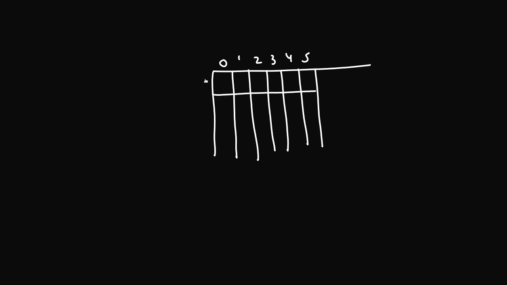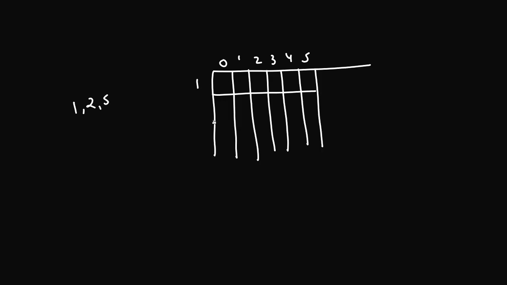So we first create a table, where the columns will correspond to the amount that we're trying to make: 0, 1, 2, 3, 4 and 5. Okay. And here we'll have the coins that we'll be using. So we have the coins of denomination 1, 2 and 5.